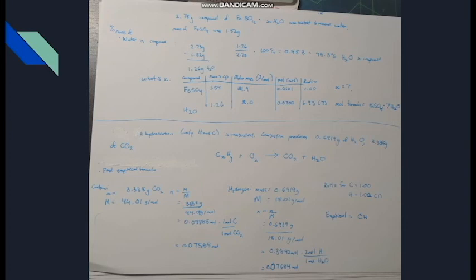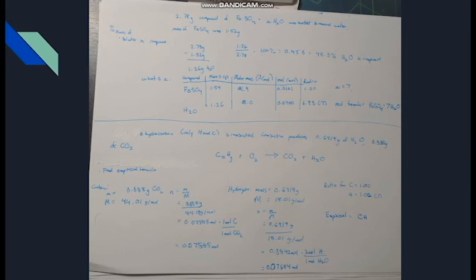Now, finding X, what we need to do is take the molar masses of the two compounds, which we can find by looking at the periodic table, finding the molar masses of iron, sulfur, and oxygen, and multiplying oxygen's molar mass by 4, and we get 151.9 grams per mole. Water, again, is 18.0 grams per mole.